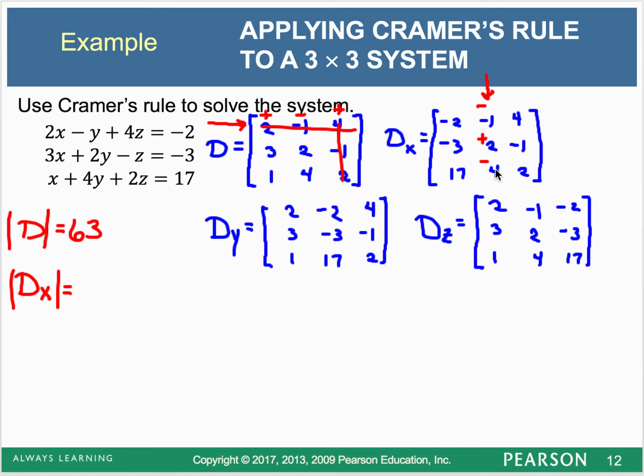Whenever you start, always start from here for a plus, and then you can go anywhere and they alternate, right? So that means I'm going to have a positive 1. And if I get rid of these values, we'll have negative 6 minus negative 17, or plus 17.